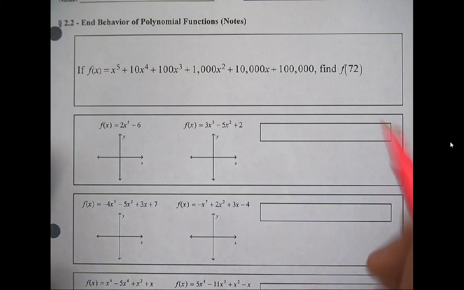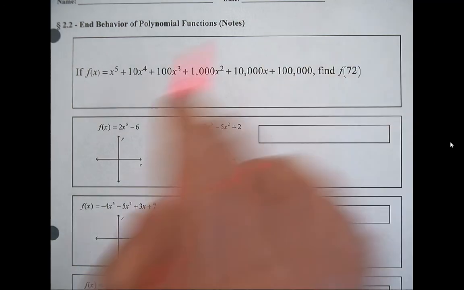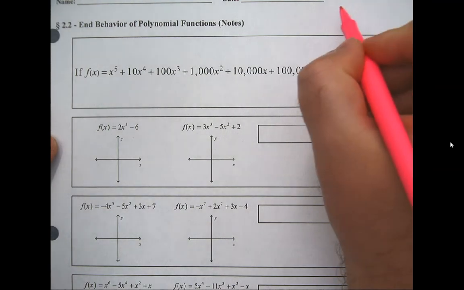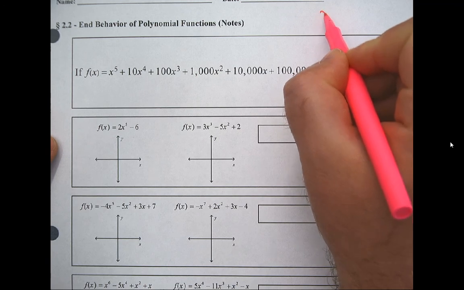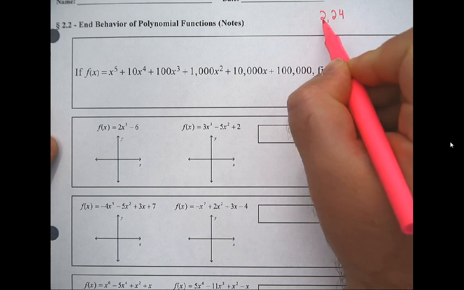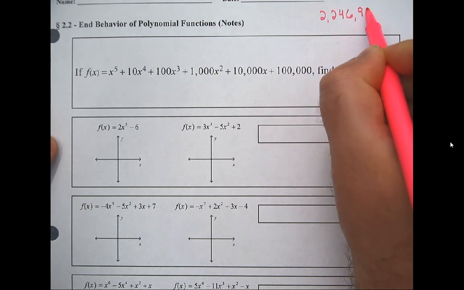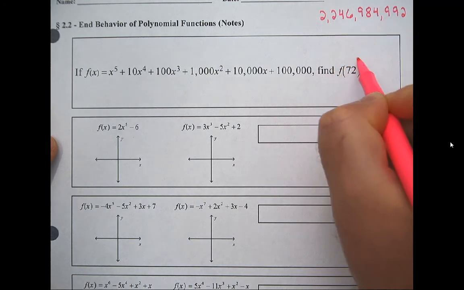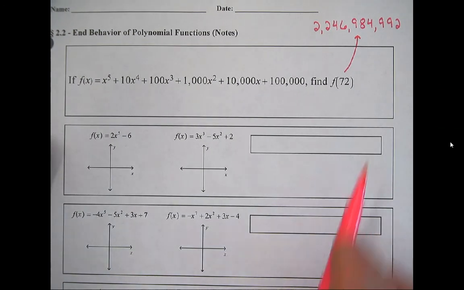I've already typed this into my calculator, and it turns out that if I put 72 in for all of these x's, this would give me a number that is 2,246,984,992.